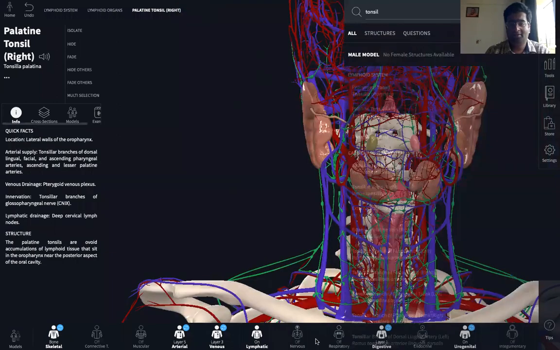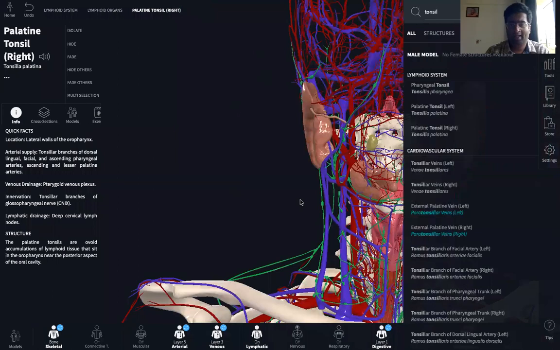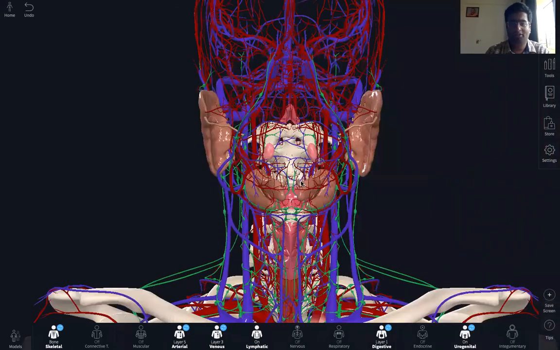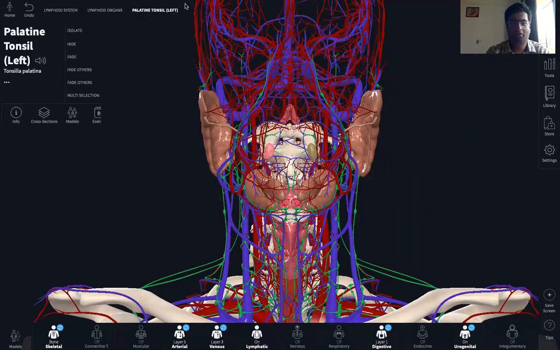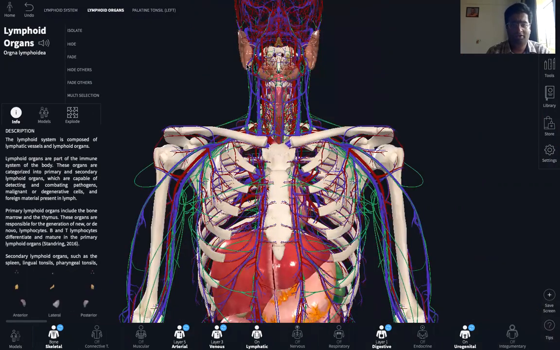As far as the tonsils are concerned, these are meant to localize the infection and prevent them from spreading in general throughout the body. I repeat, the function of the tonsils is to localize the infection and prevent it from spreading all across the body. That is the function of the tonsils.